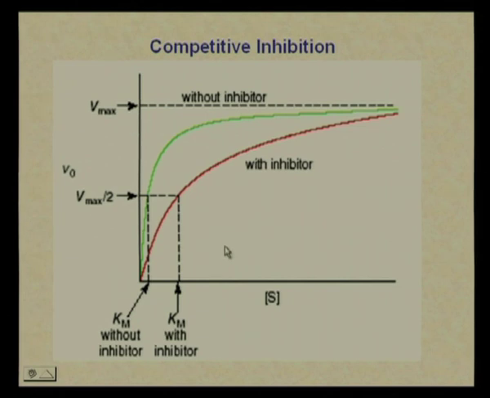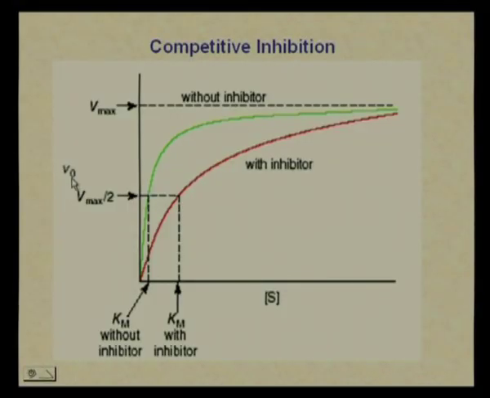Okay? Now, how does this change our Lineweaver-Burk plot? What is the Lineweaver-Burk plot? We have a 1 by V0 versus a 1 by S. Let us work on that now.